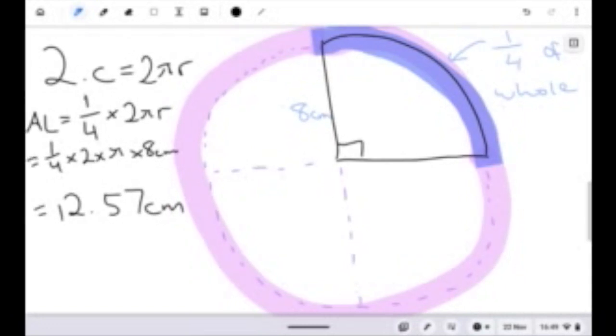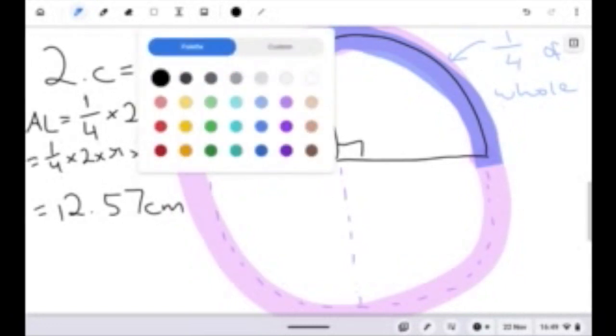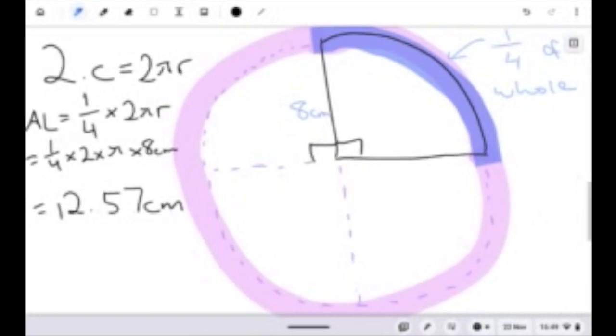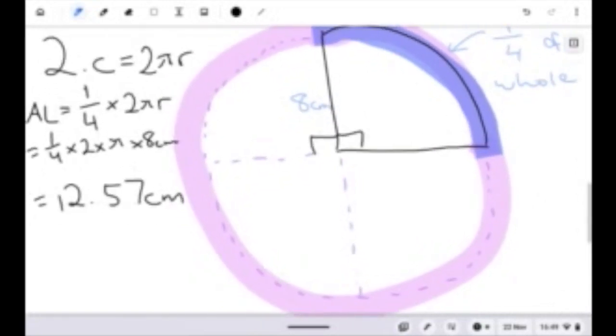Well, all of these angles here, so this one here, if I have a straight line, I have a 90-degree angle. So using what I know from geometry, this is also going to be a 90-degree angle. And I have another pair of angles on a straight line down here and here.